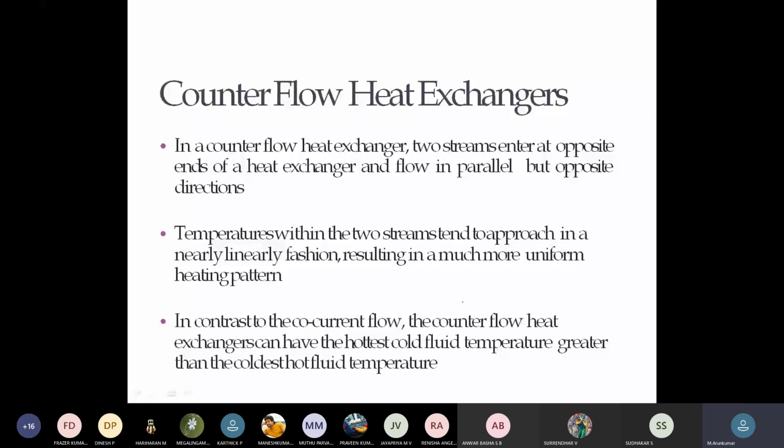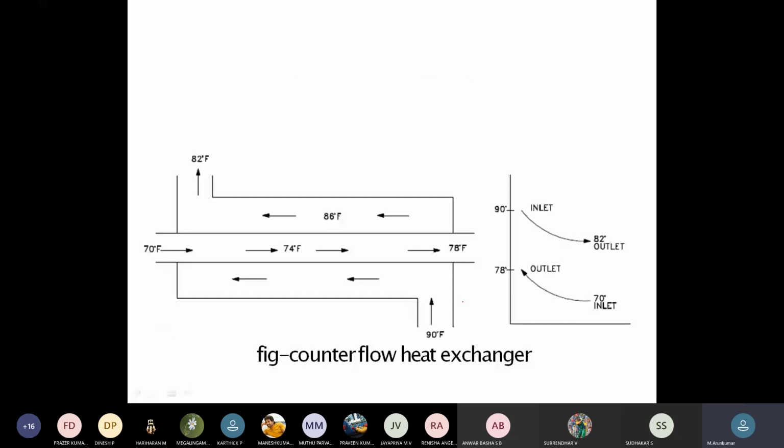So this is the flow line diagram of the counterflow heat exchanger. We pass one fluid in one direction and the other fluid in the opposite direction. So the flow direction is opposed.